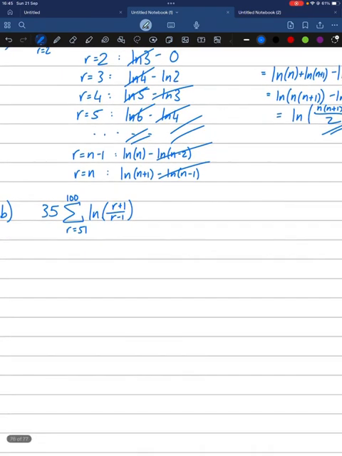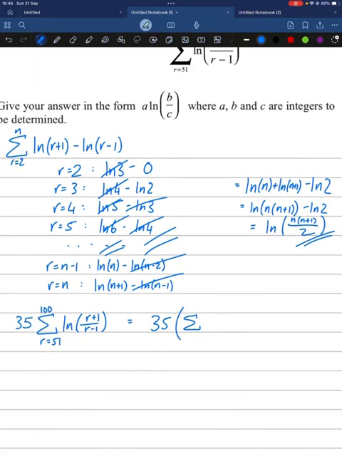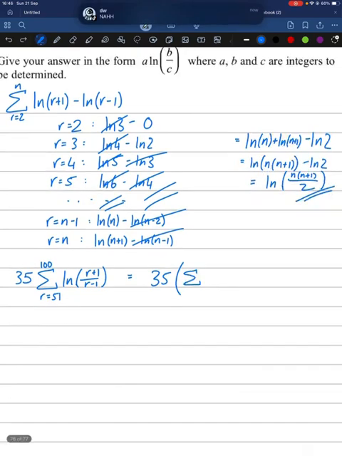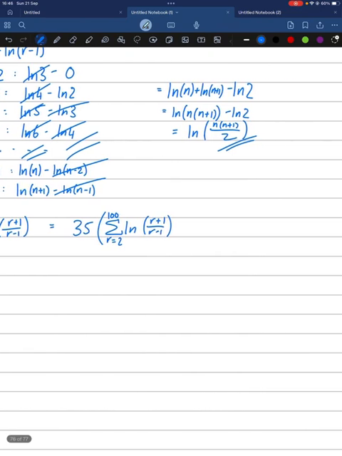Alright, so because we're starting from 51, we're going to have to split that up, so we're going to get 35 lots of the sum from, because here we started from r equals 2, right? So we already have the formula for that. So we'll go from r equals 2 to r equals 100, just 100 on the top, of ln of r plus 1 over r minus 1.